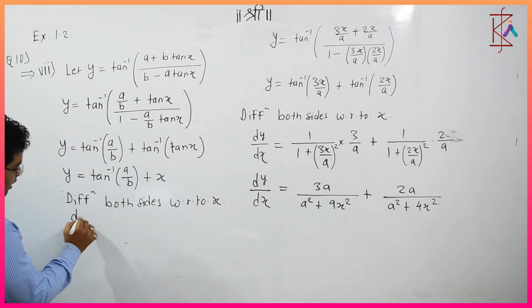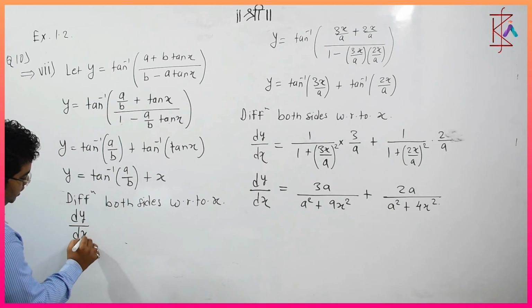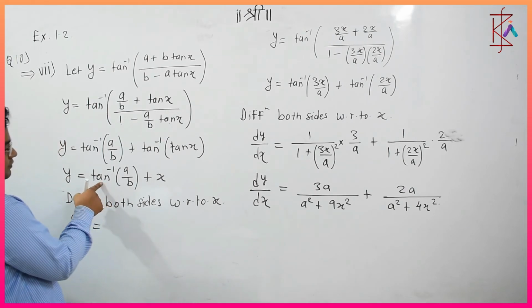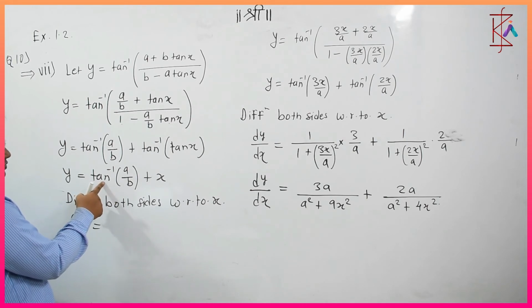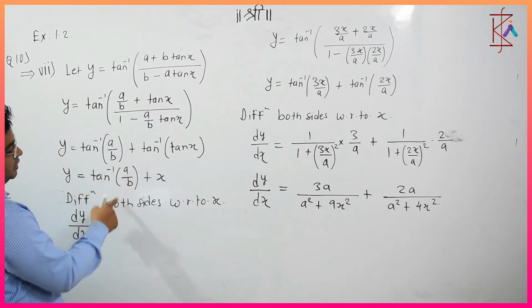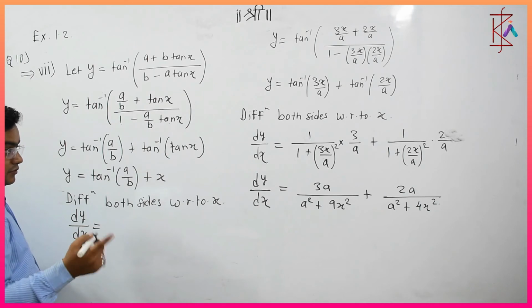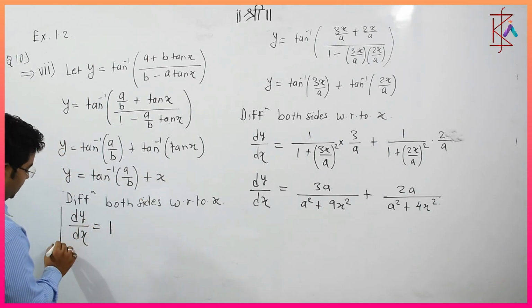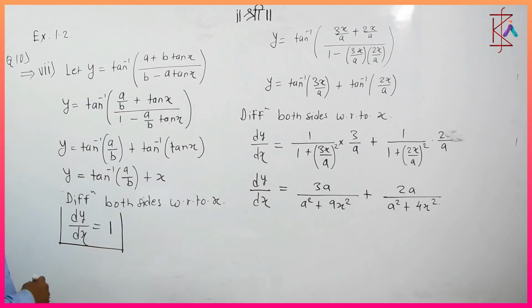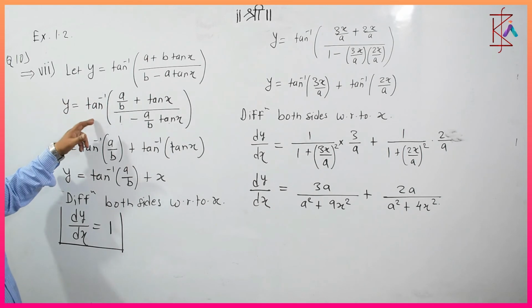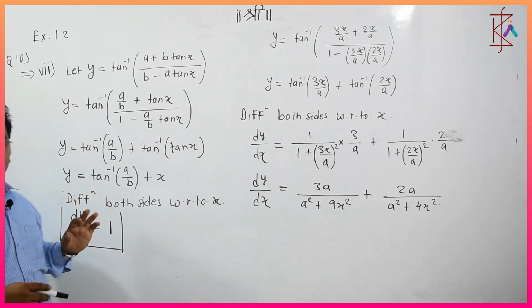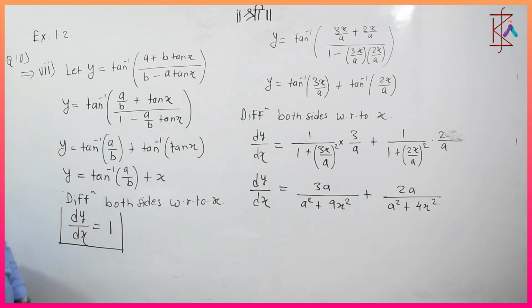So dy upon dx is equal to, this is the differentiation of a constant, so tan inverse of a upon b has derivative equal to 0, and the derivative of x is equal to 1. So this is our final answer as required. As you can see, this question was looking different, but if you solve it properly step by step, you get the simplest answer.